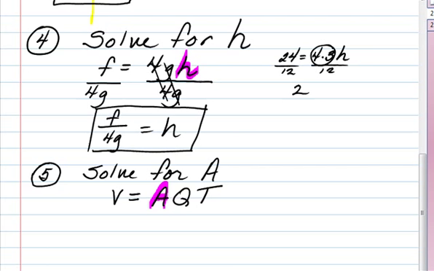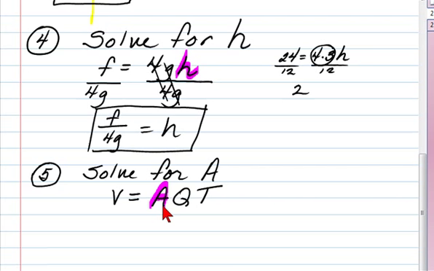And everything else is to be treated as a number. Alrighty. If A is going to get by itself, what do I have to get rid of? The Q and the T. Now, what's going on between the Q and the T and letter A? What operation's going on? Multiplication.